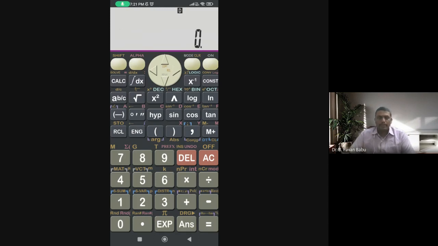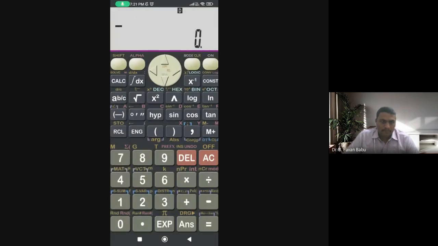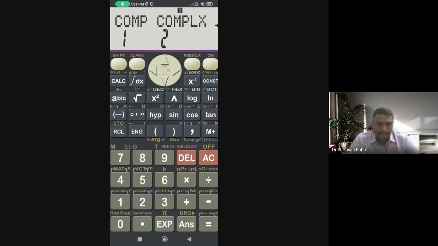So we need to include A1, B1, C1, and A2, B2, C2. First of all, see here, the mode clear option is there. So you can just click on mode clear.